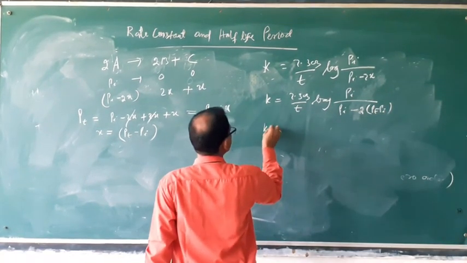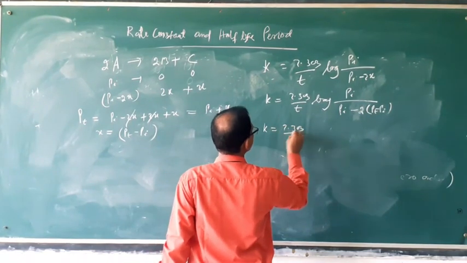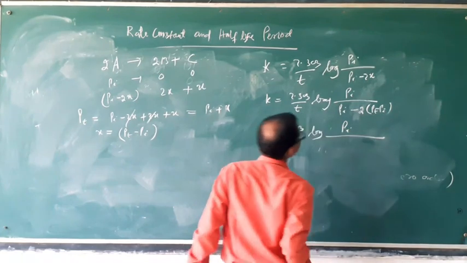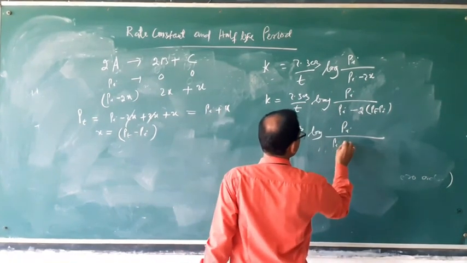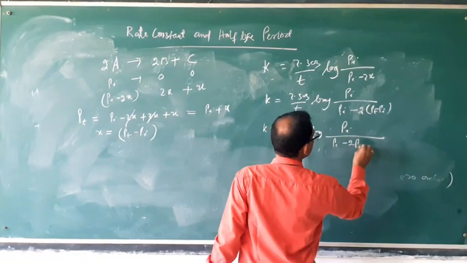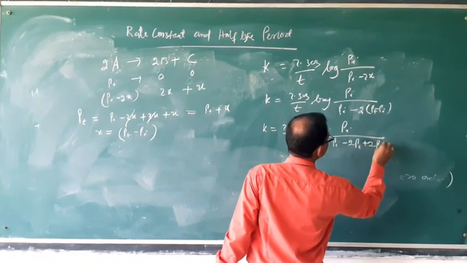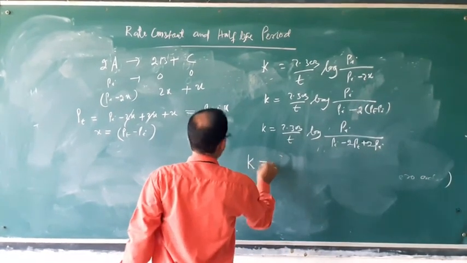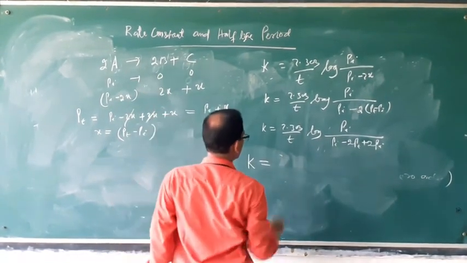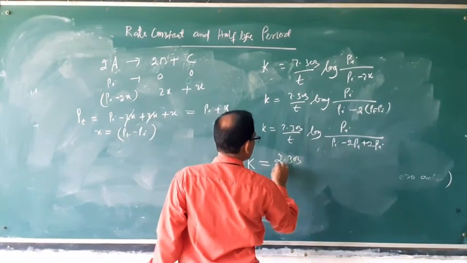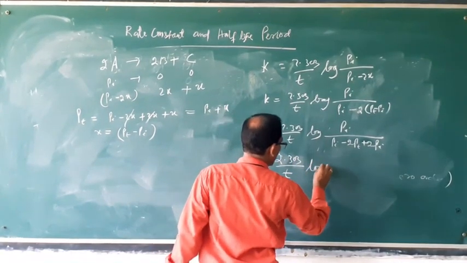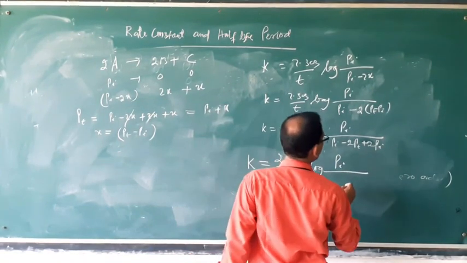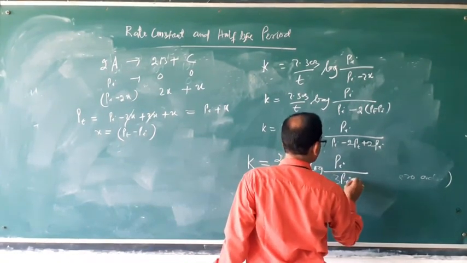So K is equal to 2.303 by t log Pi upon Pi minus 2PT plus 2Pi, because minus times minus is plus. So finally K for this type of expression is equal to 2.303 by t log Pi upon 3Pi minus 2PT.